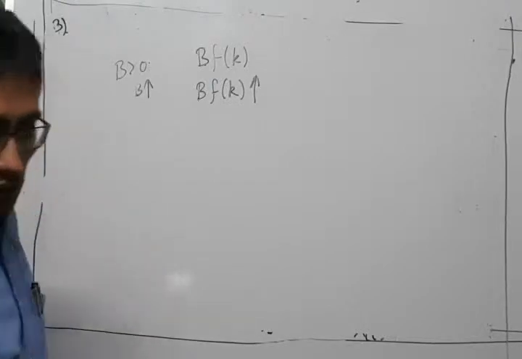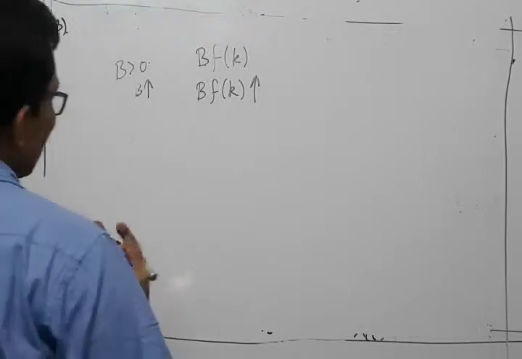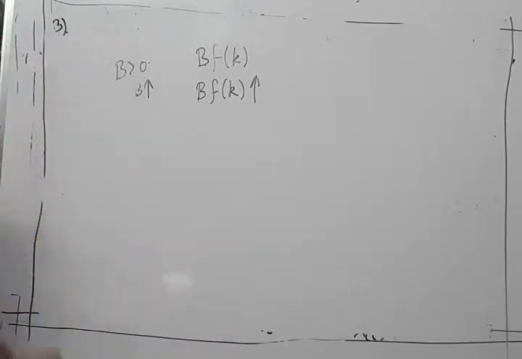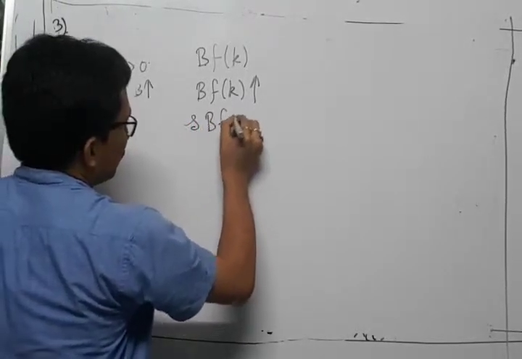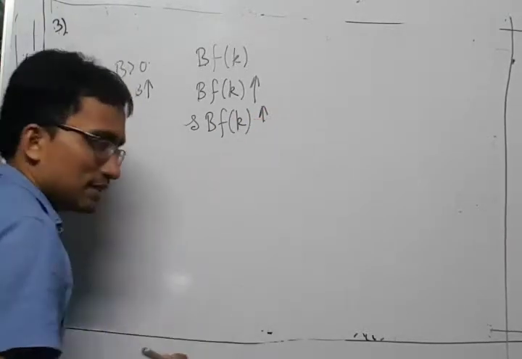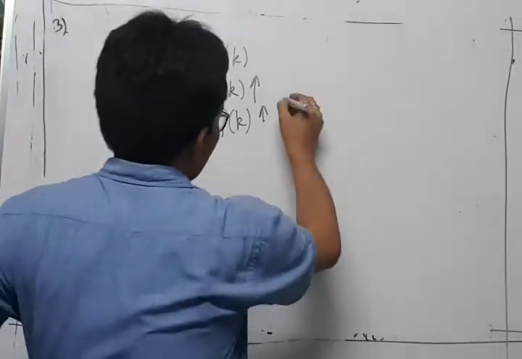So we know that the investment is a function of f of k, and in this modified intensive form of the production function, it will be s of b of f of k. So when b is rising, this is also rising, and hence there will be an outward shift of the investment line in the graph. So let's see how this happens.